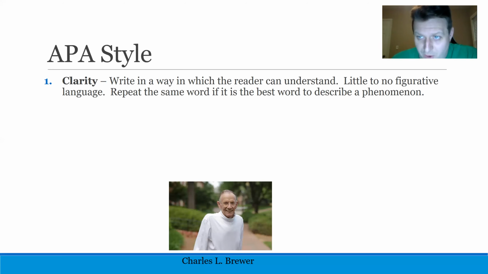Because if you use the term outgoing here and extroverted over there, I don't know if you mean the exact same thing. So don't do that. That's going to confuse the reader. So we want to be as clear as possible. We might be sacrificing some of this flowery language. We might be sacrificing word variety by repeating the same words, but this is clearer and this is what we want to do. We don't want to muddy what it is that we're talking about so people are confused. We're using as straightforward language as possible.